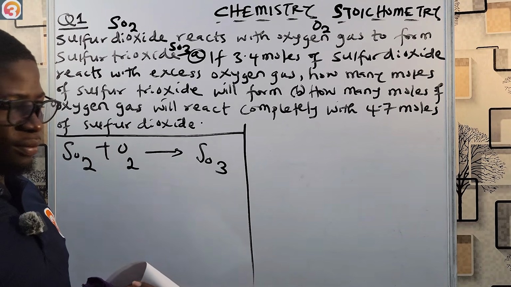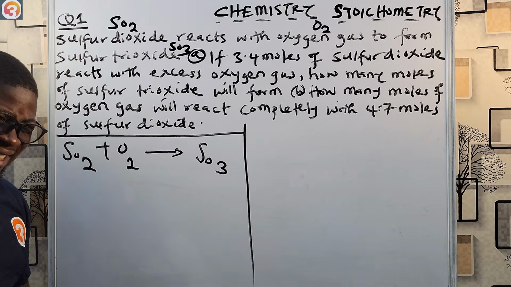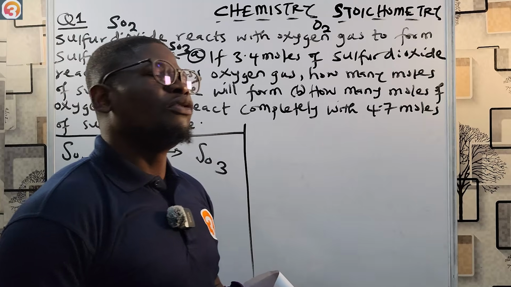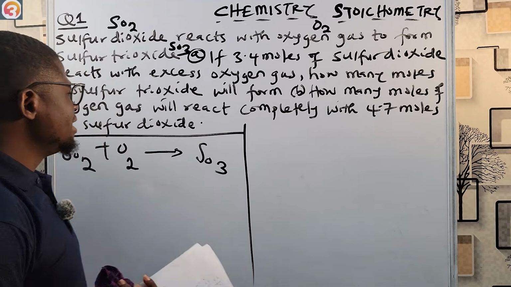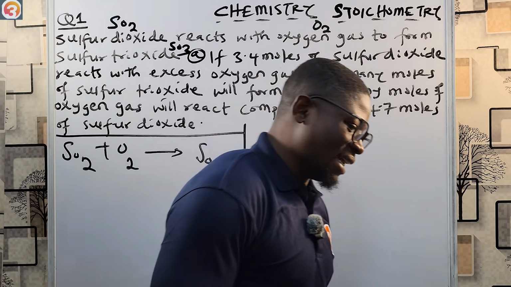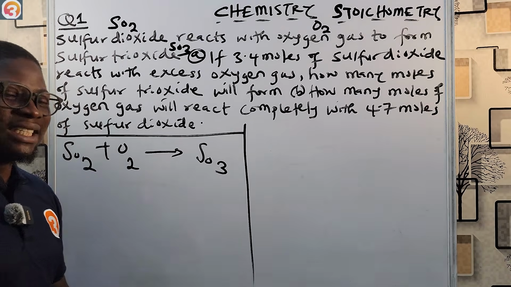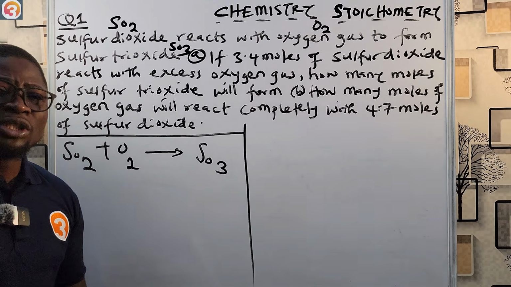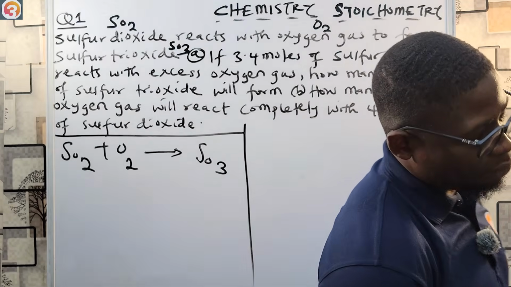That is the reaction. Now it's expected of us to first balance this equation before we start reading any further part of the question. Is this reaction balanced? How do we tell that a chemical equation is balanced or not? We must have the same number of atoms of each element in the reactant and the product.